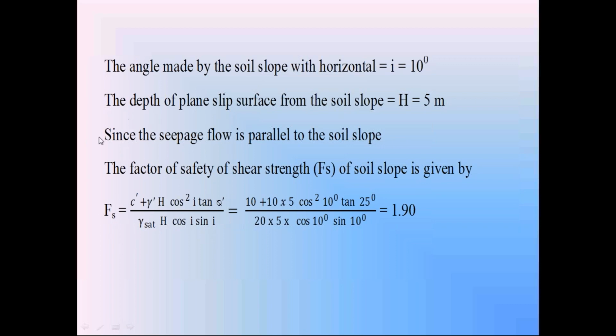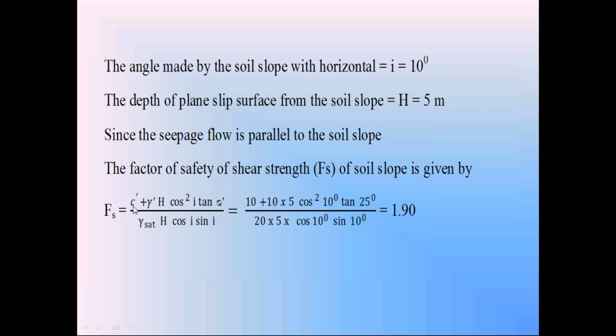According to that derivation, the factor of safety Fs is equal to c dash plus gamma dash h cos square i tan phi dash, divided by gamma saturation h cos i sin i.